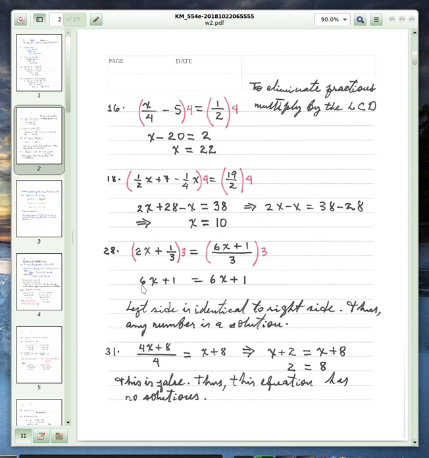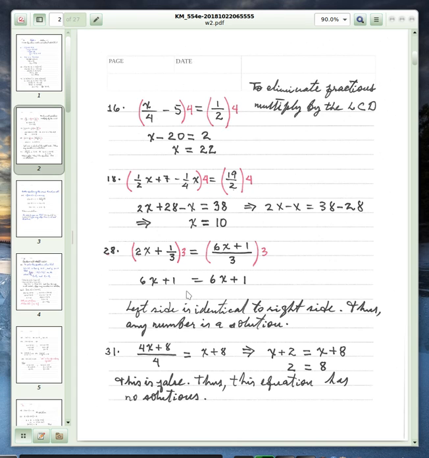And then I discover that what I have on the left is exactly the same as what I have on the right. What does it mean? Well, it means that no matter what number I take, if I multiply it by 6 and then I add 1, I will get some kind of result.